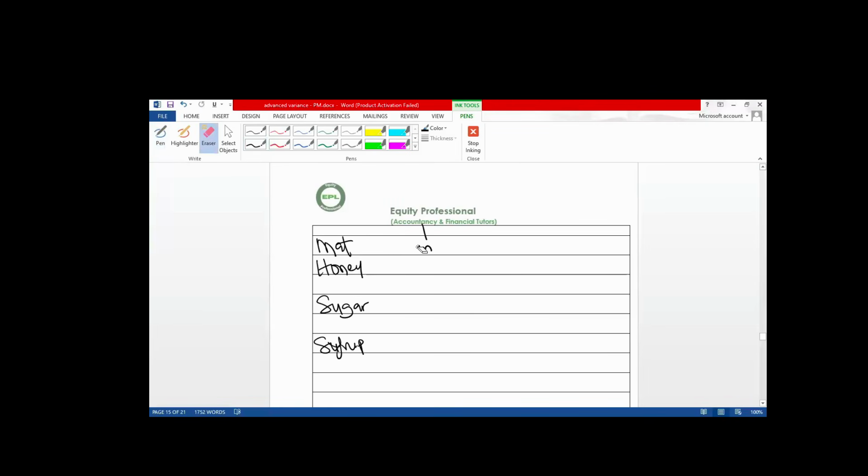And if you don't put these things, students might be struggling to know what is there. Actual material in standard mix minus actual material in actual mix, differences in mix, times standard price, variance.